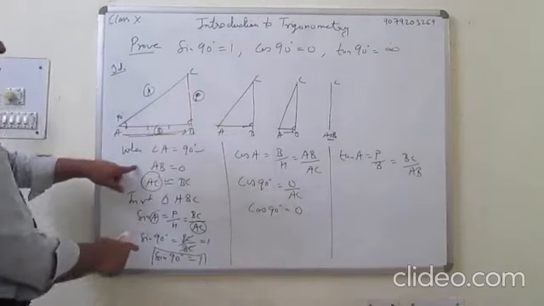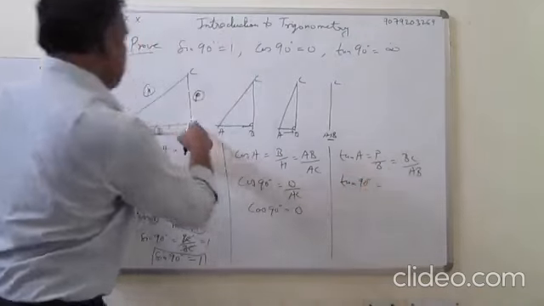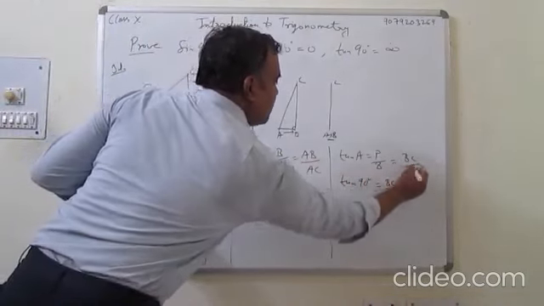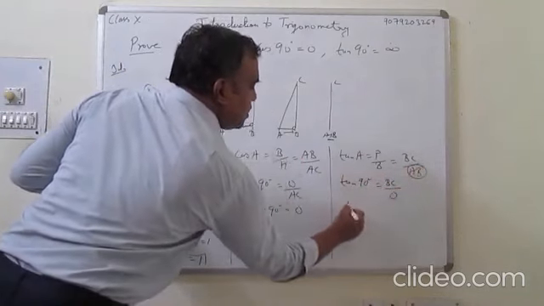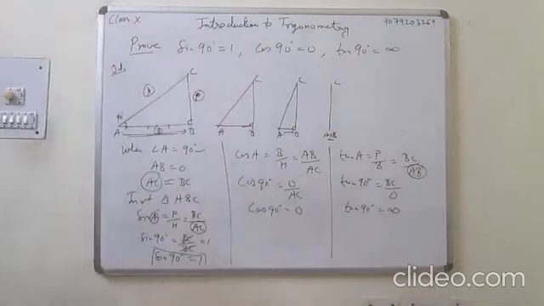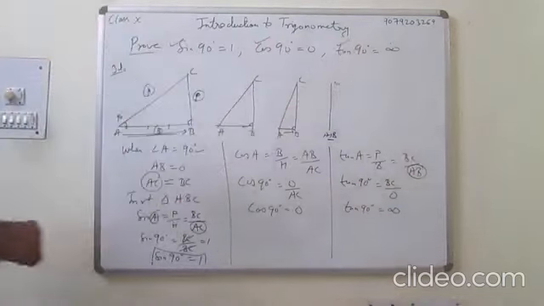AB is 0. So tan 90 is BC upon 0. Anything divided by 0 is infinity. So this proves sin 90 is 1, cos 90 is 0, tan 90 is infinity.